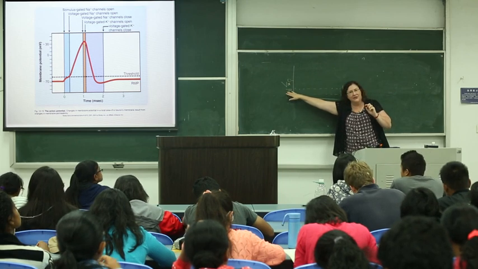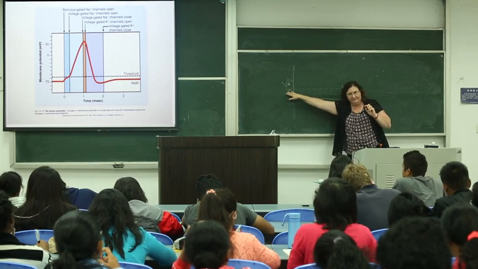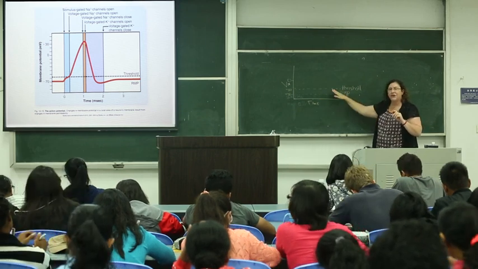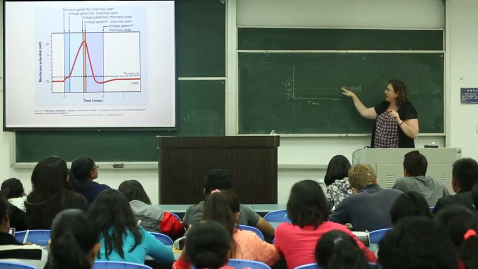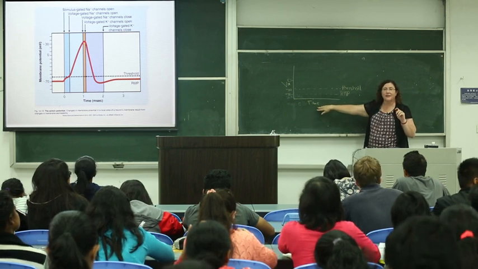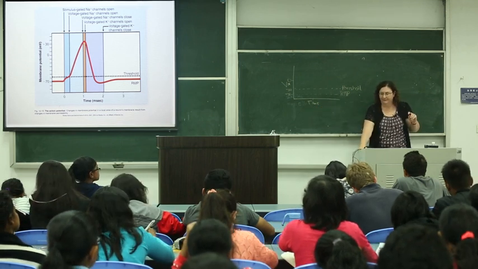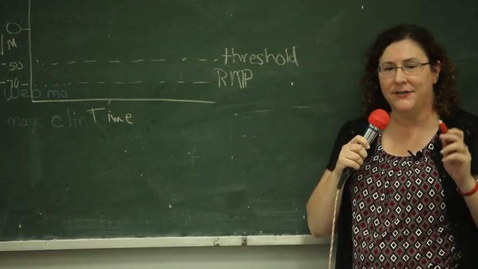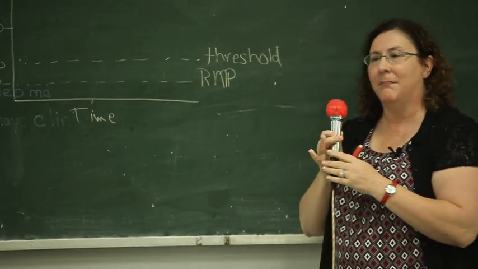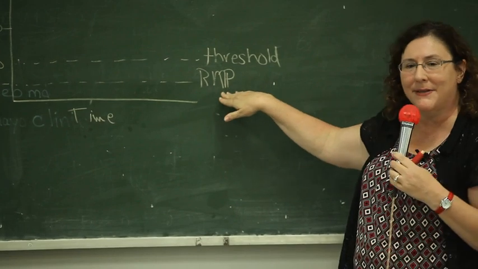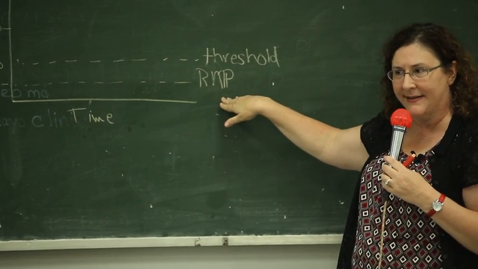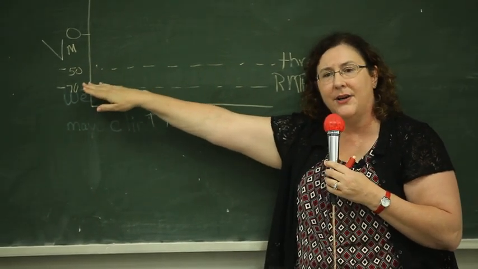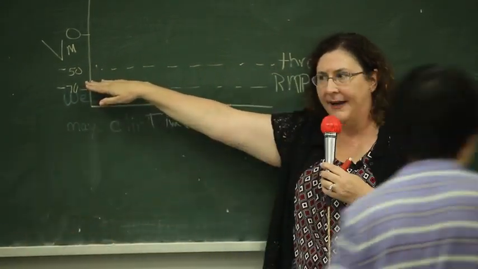So I put minus 50, okay? If you draw me an action potential and you put the threshold below the resting membrane potential, you are going to lose points, okay? The threshold is always 20 to 25 millivolts higher, okay?